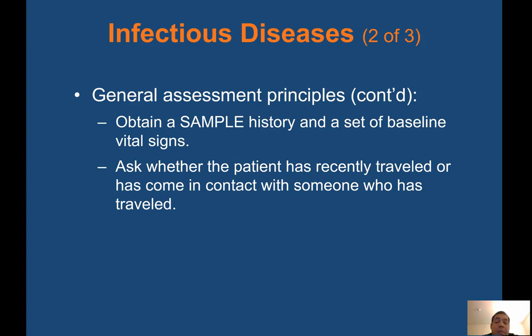You're going to get allergies, meds, past history, last time they ate or drank, and then events leading up to the complaint. Ask whether the patient has recently traveled or has come in contact with someone who has traveled. So this is for people who have traveled out of the country. So things like Ebola are things we want to be aware of.